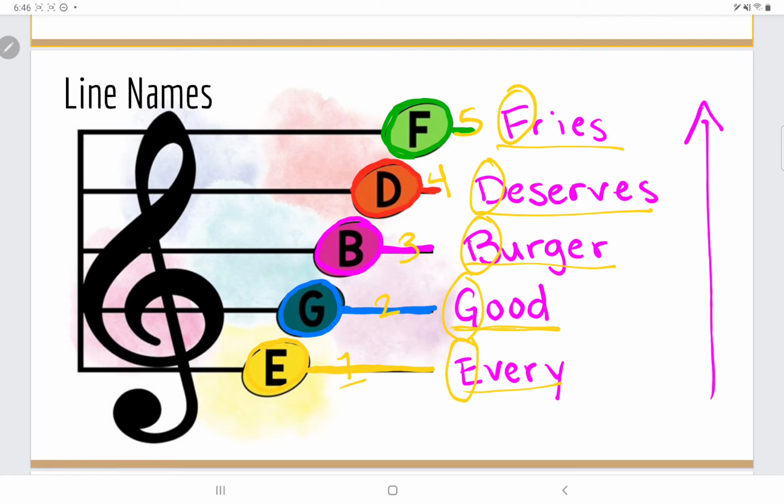Okay, scholars, so what I want you to do right now is make this same slide on your paper. So I want you to write the words line names at the top. I put it in yellow. I want you to write the 5 lines of your staff, just like always. So write those 5 lines and then make your notes with the letters or the names inside them.